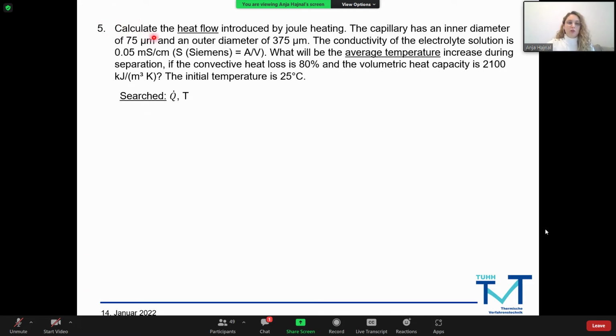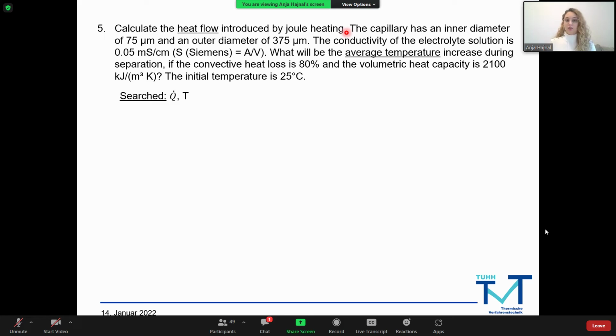So in our final task, we need to calculate the heat flow introduced by Joule heating. And Joule heating is the heating generated due to the movement of ions. In capillary electrochromatography, one of the major drawbacks of these processes is actually this heating effect. And it is not good because if we have heating in our system and we cannot predict or control it, then of course the temperature changes, the properties inside our system change, the viscosity, the retention times, and this all affects the separation efficiency.